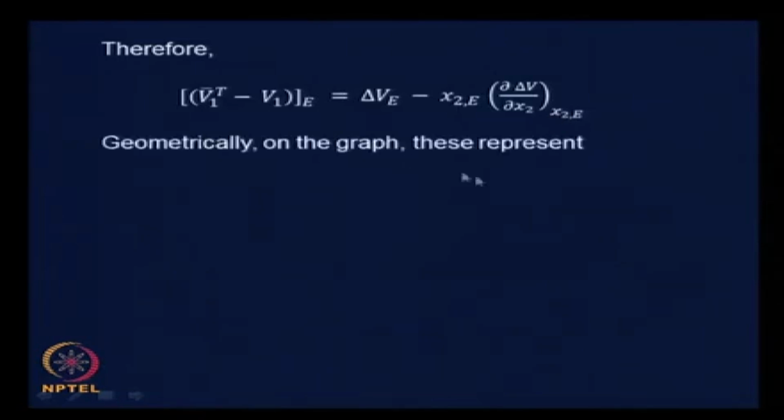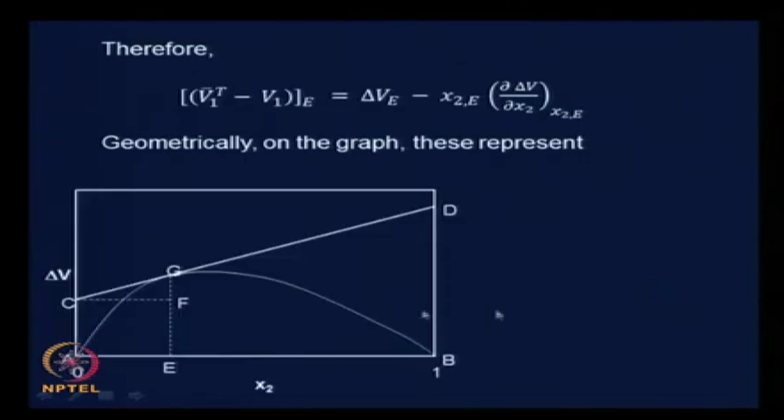And what does this represent on the graph was the earlier question, and what does this represent and what does this represent? You know, the derivative is the slope of the line or the tangent of the angle made at a particular point in this graph. You know, we are trying to get delta VE. What is delta VE?